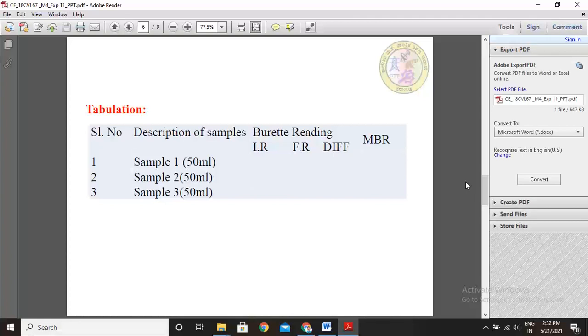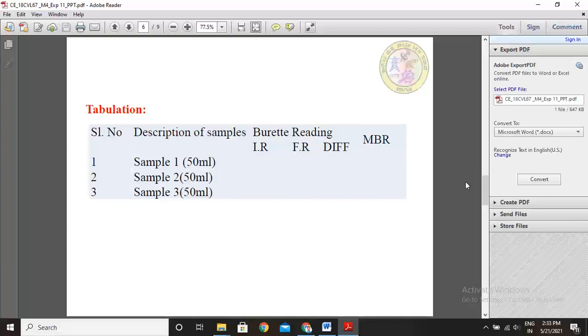Next, tabular columns, that is tabulations. How is the tabulation prepared? Serial number, second column description of samples, third column burette reading in ml, that is the first one is IR reading, the second one is final reading, the third one is the difference between FR and IR.